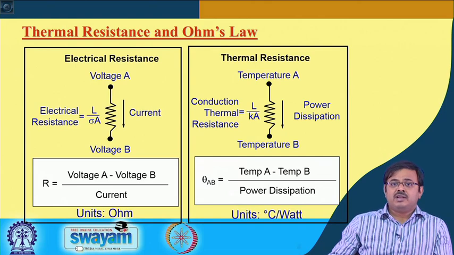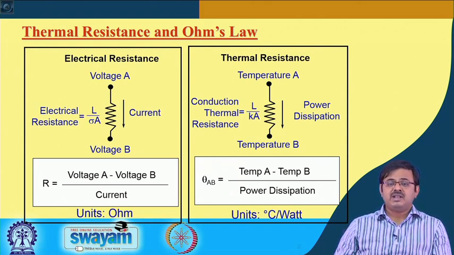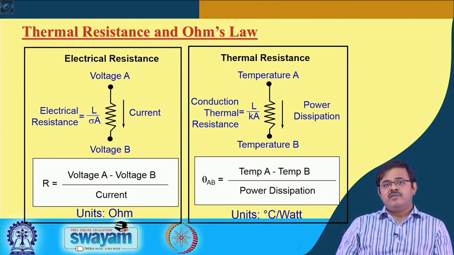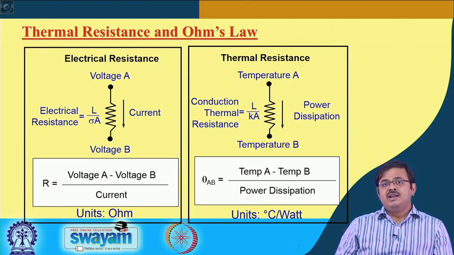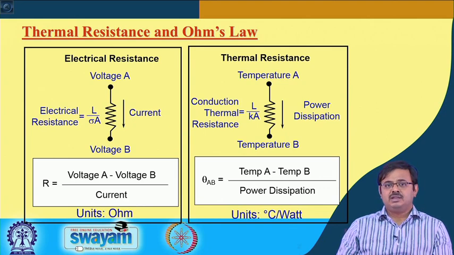Now, how much is going to be the electric current? Well, that depends not just on the delta V or the voltage difference, but also on the electrical resistance that exists between point A and point B. It can be an electric load like a bulb or a fan or something else. Okay. So, what is resistance? From Ohm's law, we have V equals I R, or R is delta V over I, voltage difference divided by current.